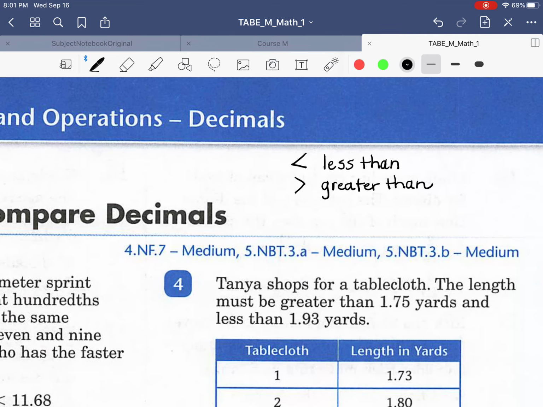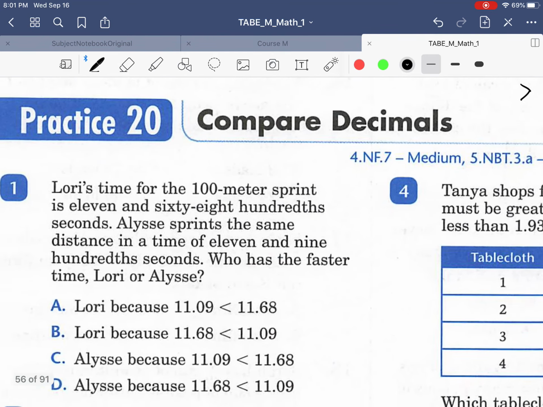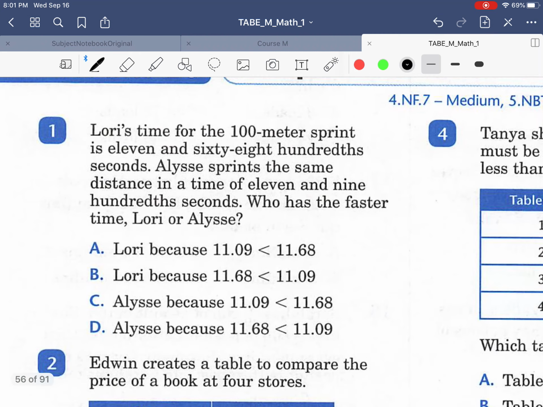Okay, number 1. Lori's time for the 100-meter sprint is 11 and 68 hundredths seconds. Elise sprints the same distance in a time of 11 and 9 hundredths seconds. Who has the faster time, Lori or Elise?